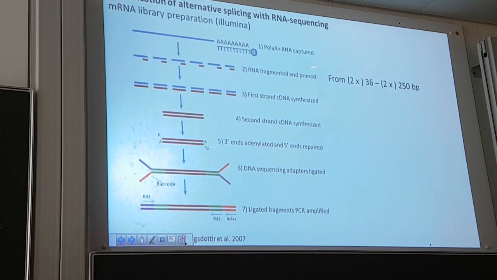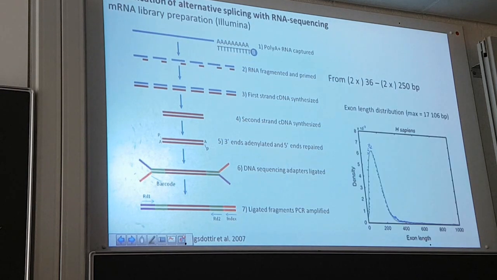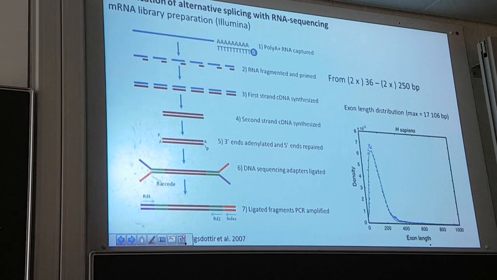These vary depending on the sequencing run you go for, but they are basically quite short, up to 250 base pairs, while the distribution of the exon length for human is actually different, so the majority of the exons will be within your read length, but there are also a lot of exons that are longer. And this makes the analysis of alternative splicing quite complex, as you have to look at the specific exon-exon junction, so you would preferably have reads that really span your exons.